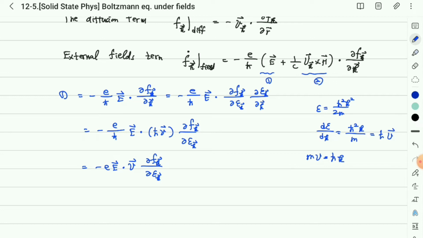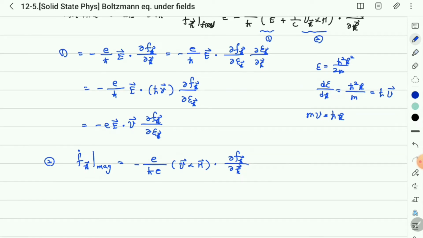Therefore, it is more easily calculated by the derivative with respect to energy rather than position. The second term is the magnetic field case: minus e over h bar c, v cross H dot partial f_k over partial k.